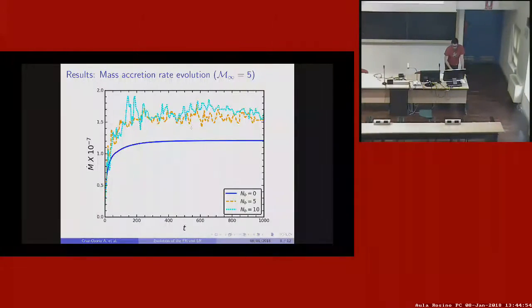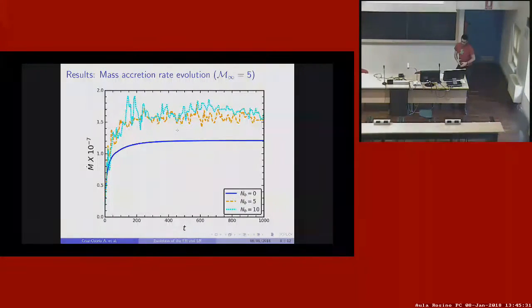Sorry. Here I show you the mass accretion rate evolution only for the simulations with Mach number 5, considering 0 rigid bodies represented by the blue line, with 5 the orange line, and with 10 the light blue line. In all cases, the accretion rate starts from 0 and saturates around T equal 200.